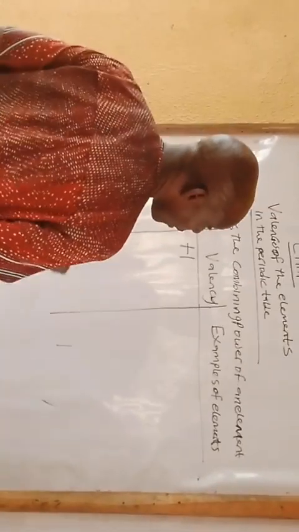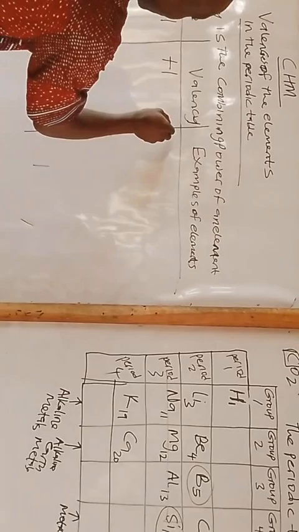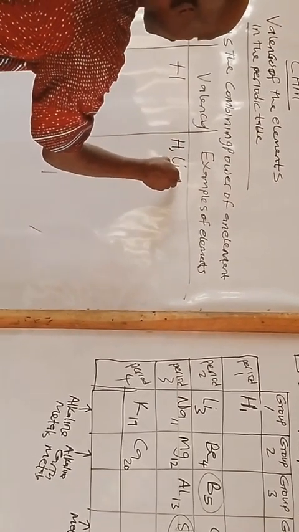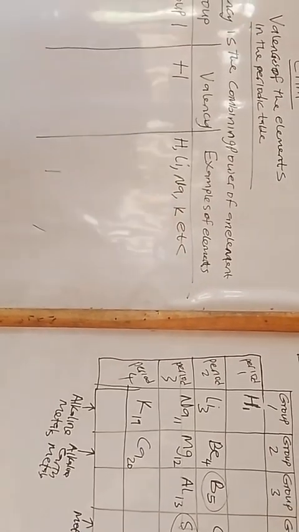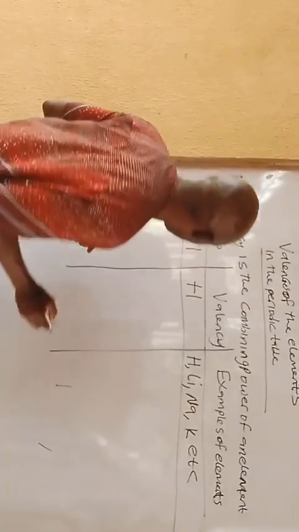Take note of that. That plus is just showing that they are metals. Examples of elements in group 1 that have a valency of +1 are hydrogen, lithium, sodium, potassium, and so on.